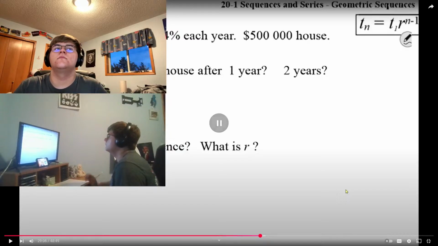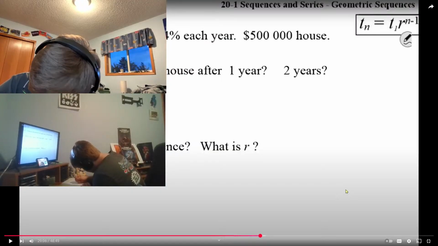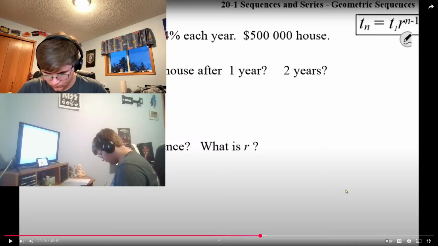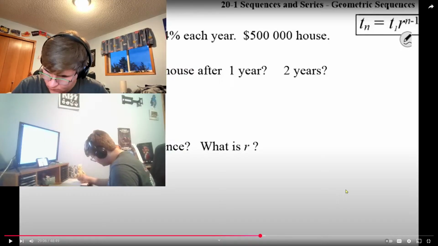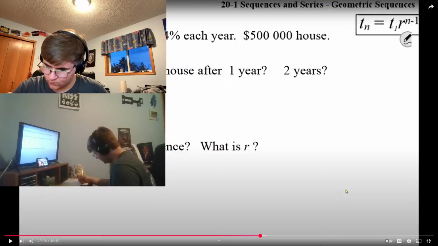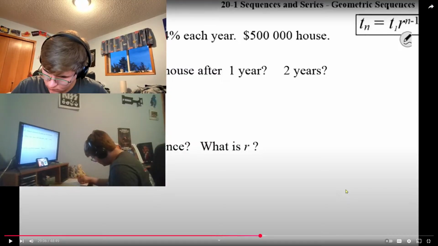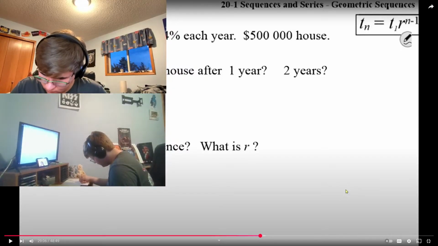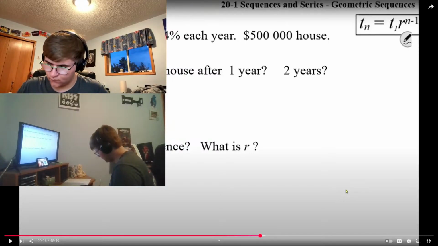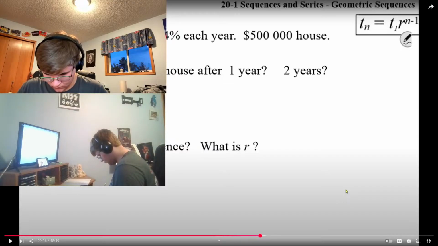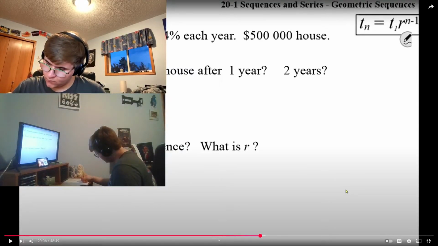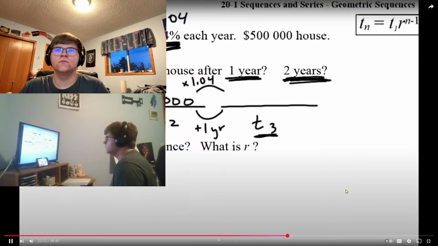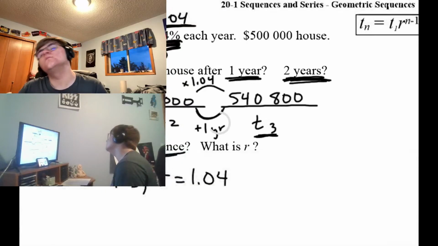You're looking at the fact that a house increases year after year after year.